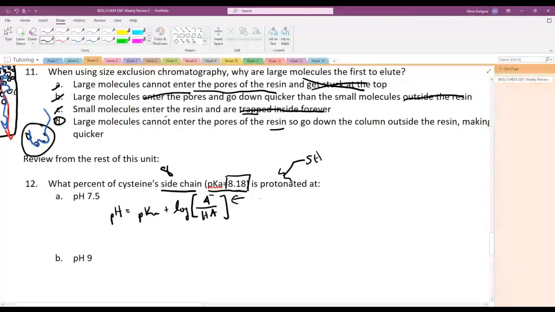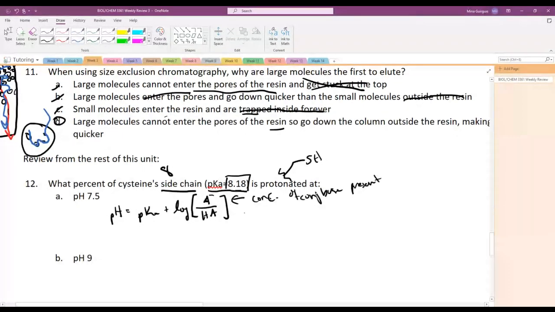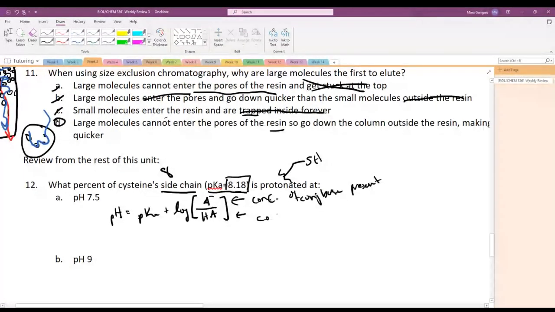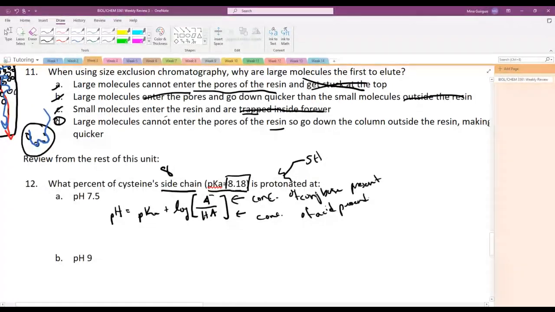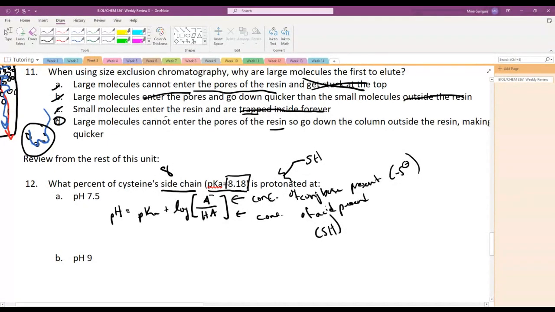Log is logarithm. A minus is the concentration of conjugate base present, basically. And then this is the concentration of the acid present. So in this case, the acid is the SH part, the base is the S minus part, okay? Just to make sure I'm explaining this as well.